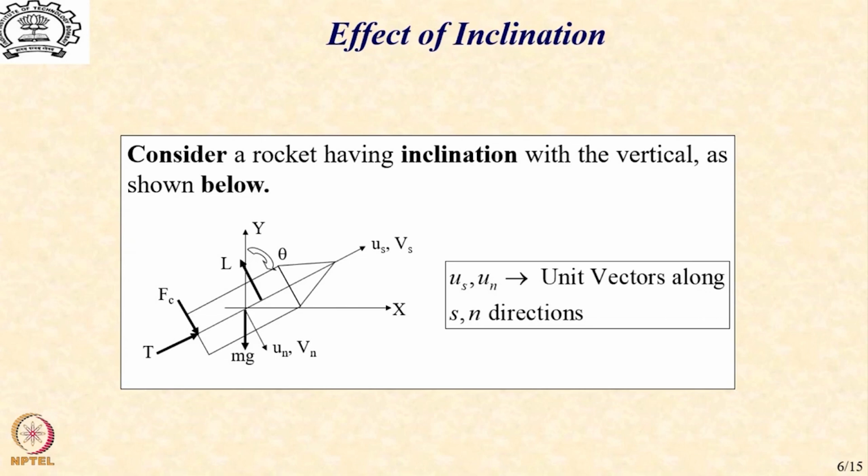This is a coordinate system which is attached to the center of gravity of the vehicle, and it is a moving coordinate system which is translating as well as rotating, which obviously means that now we need to look at our equations of motion in the context of such a coordinate system and arrive at the applicable relations.